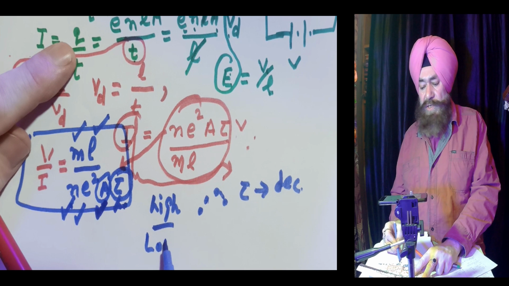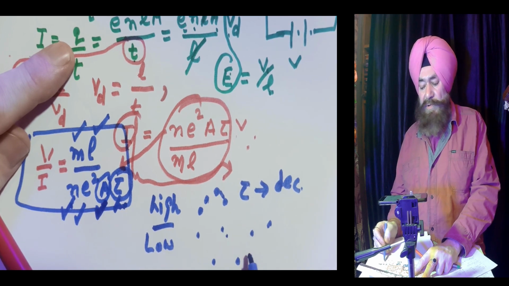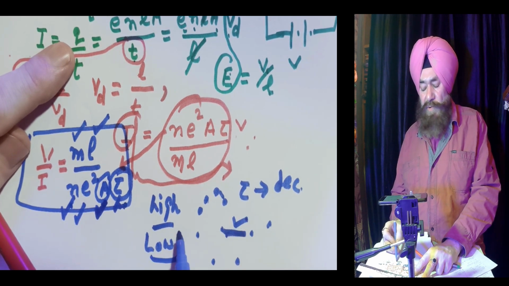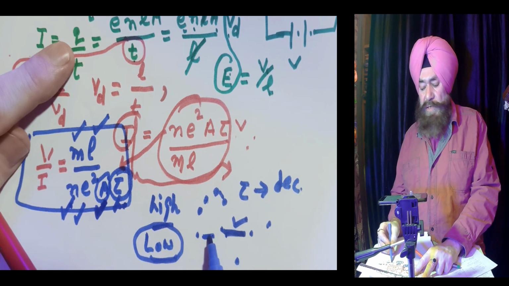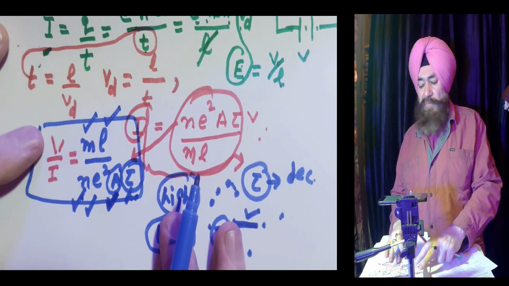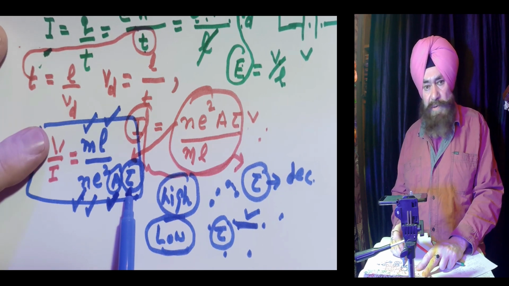If temperature is low, then there will be fewer collisions, and the time between two collisions increases. So for low temperature, tau is greater. For high temperature, tau is less. But if the temperature is constant, then tau becomes constant.